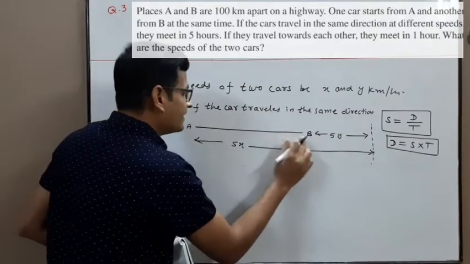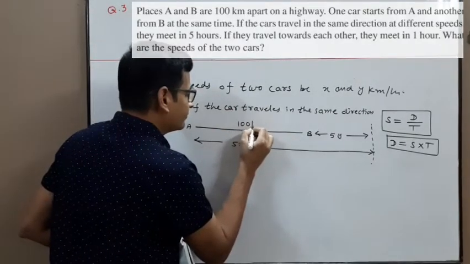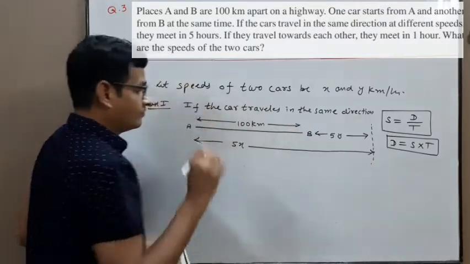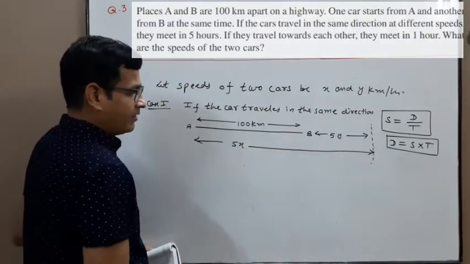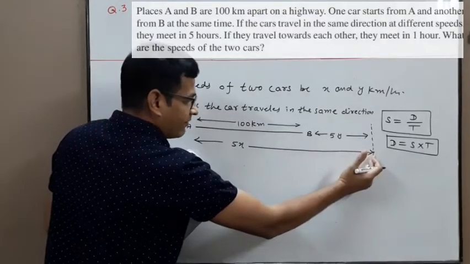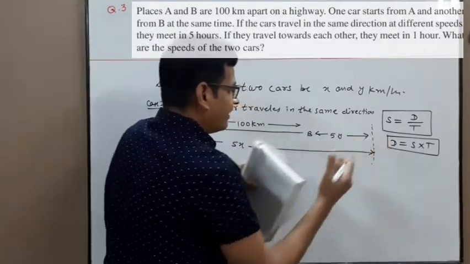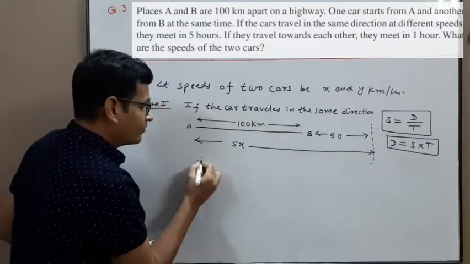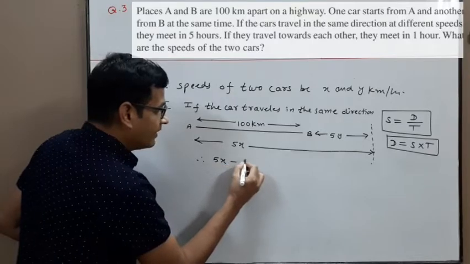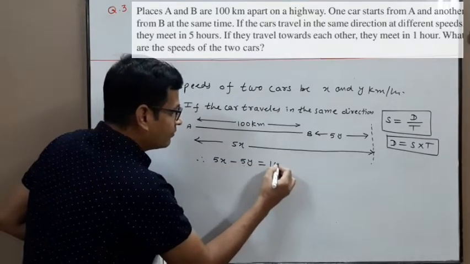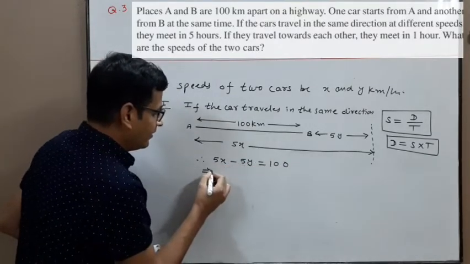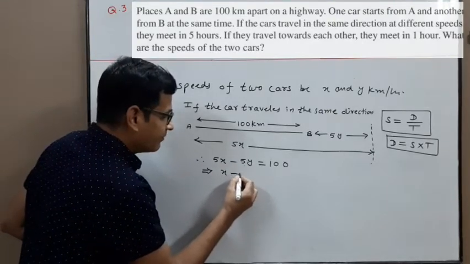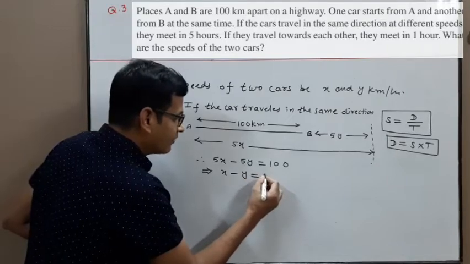The distance between places A and B is 100 km. So according to the diagram, this distance is 5x, this distance is 5y. So 5x minus 5y is equal to 100. Dividing both sides by 5, x minus y is equal to 20.